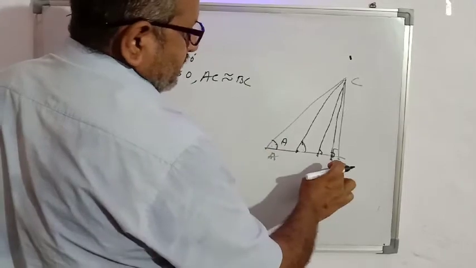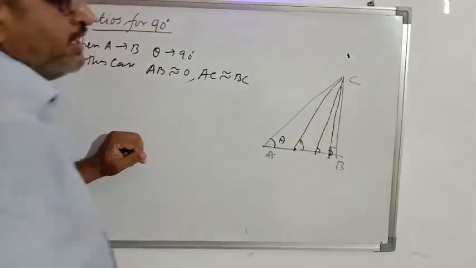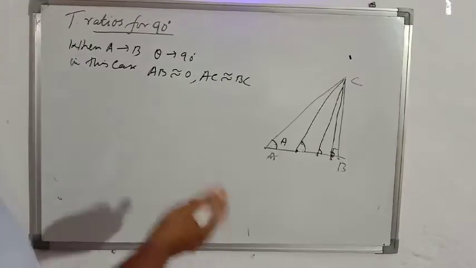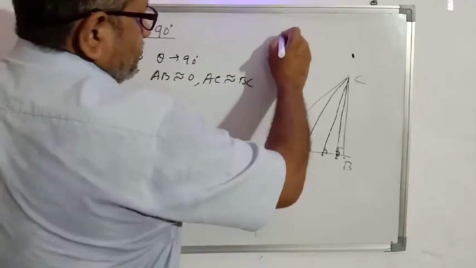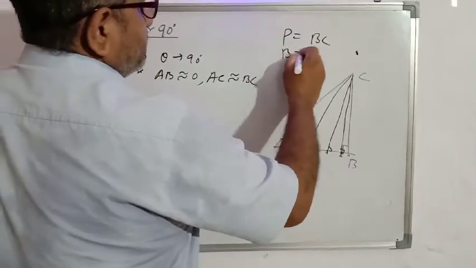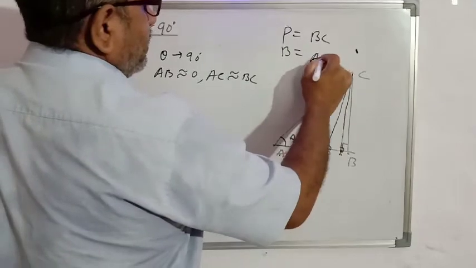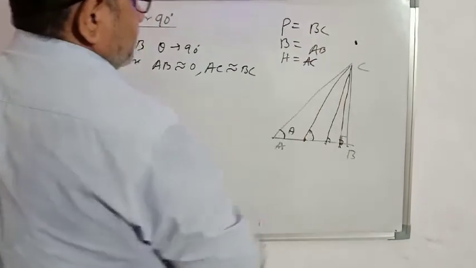When A comes here, then AC and B same point, then AC and BC both will be equal. Now write. So perpendicular is what? Perpendicular is BC, base AB, and what is hypotenuse? Hypotenuse is AC.